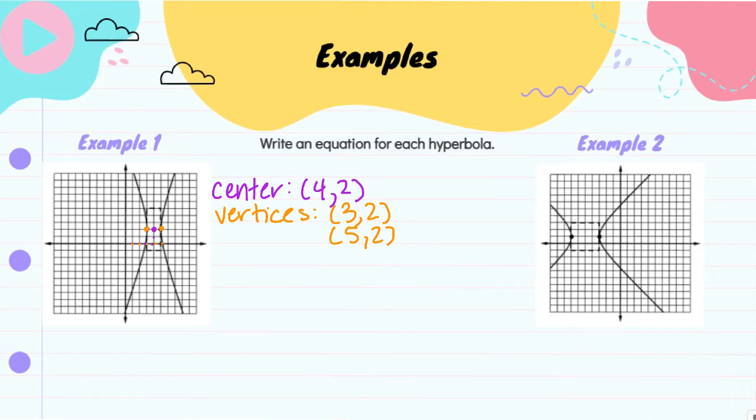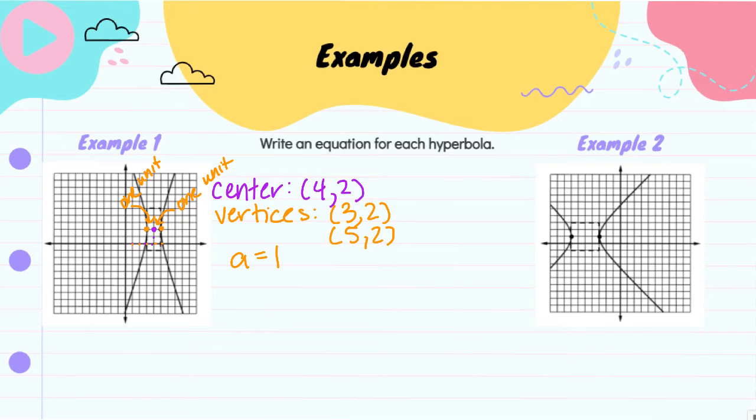We can see that the distance from the purple point to each orange point is 1 unit. And we know the distance from the center to each vertex is going to be a. So a equals 1.